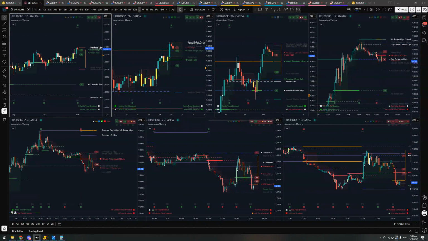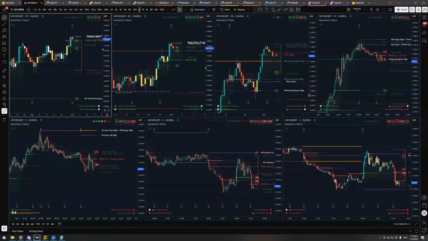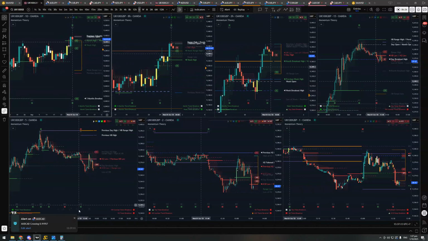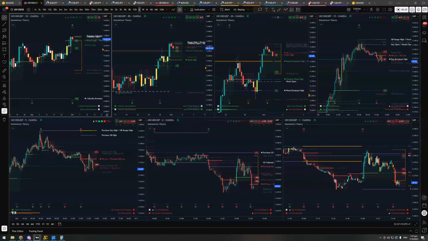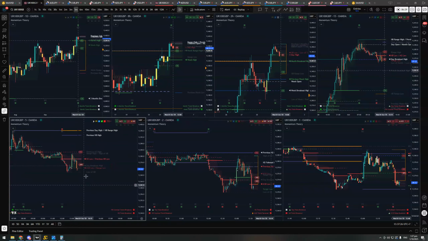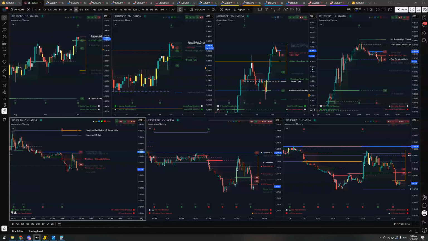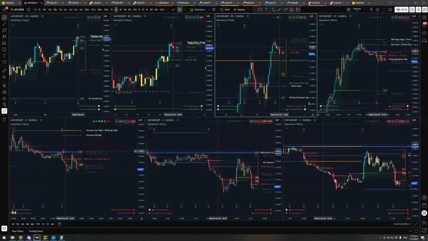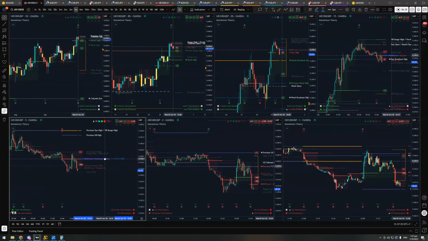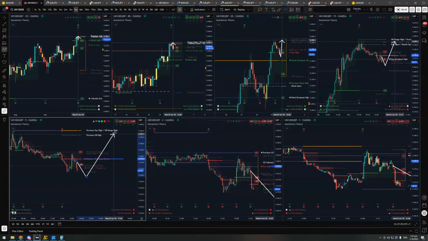Right. So 20 more minutes here, and let's see what happens. So again, ideal scenario is for this breakout level to get pushed down, and the only way that can happen is if this closes in bearish breakout in 20 minutes, and then I want to see price come down, reject the low.